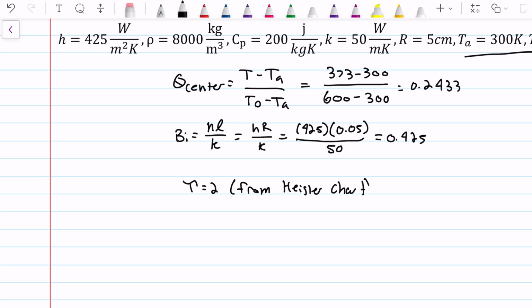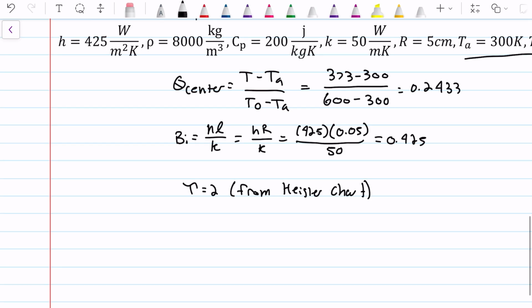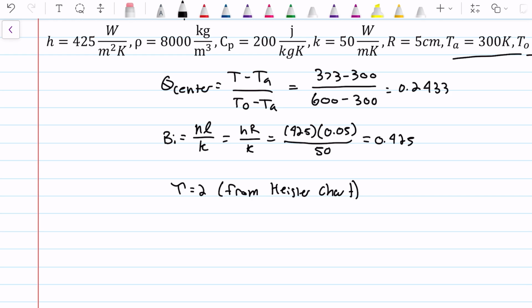Okay. If we know tau is 2 from the Heisler chart, now we can solve for a time, because we know tau, the Fourier number, is equal to alpha over our characteristic length squared times time. And we know alpha, which we're going to have to solve, is k over rho cp.